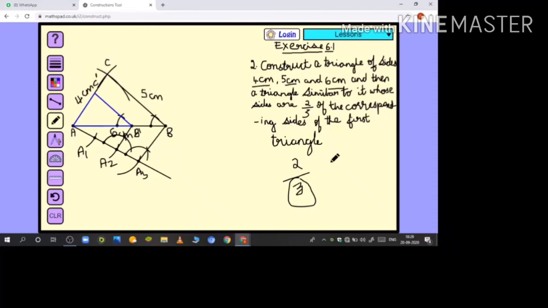So you can see the new blue triangle AC dash B dash is similar to the big triangle ACB, whose sides are 2/3 of the corresponding sides of triangle ABC.